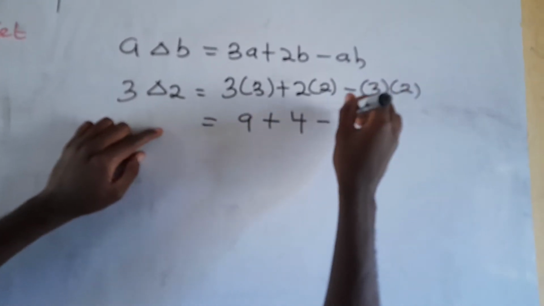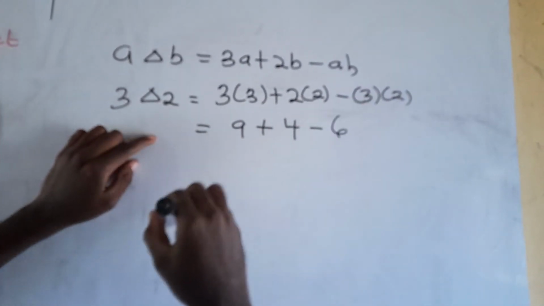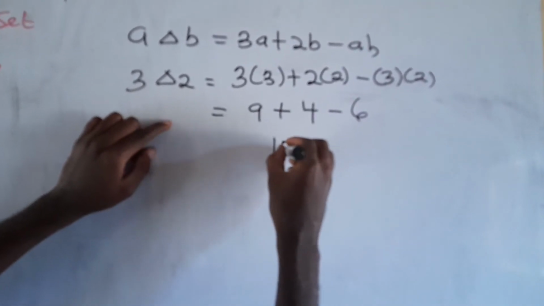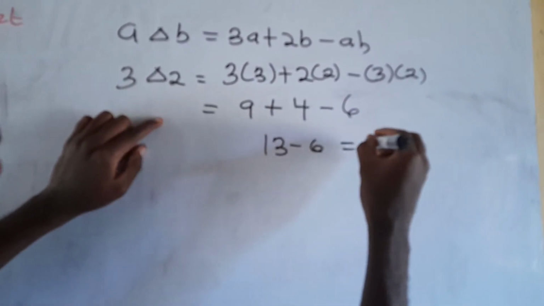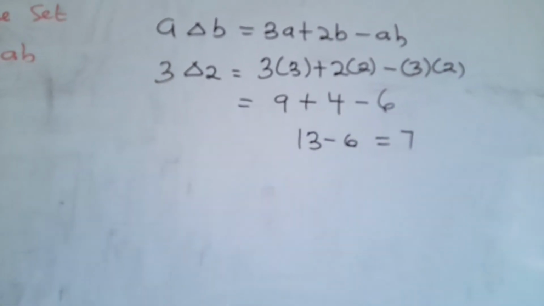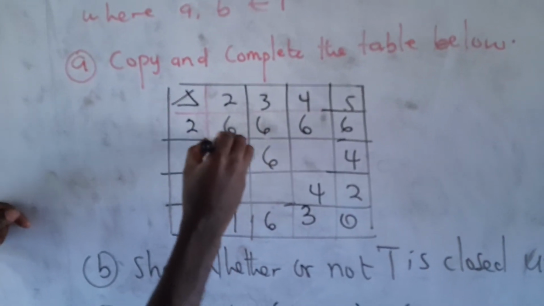Minus 3 times 2, which is 6. 9 plus 4, that's 13, minus 6. 13 minus 6 is 7. So we just write our 7 here.